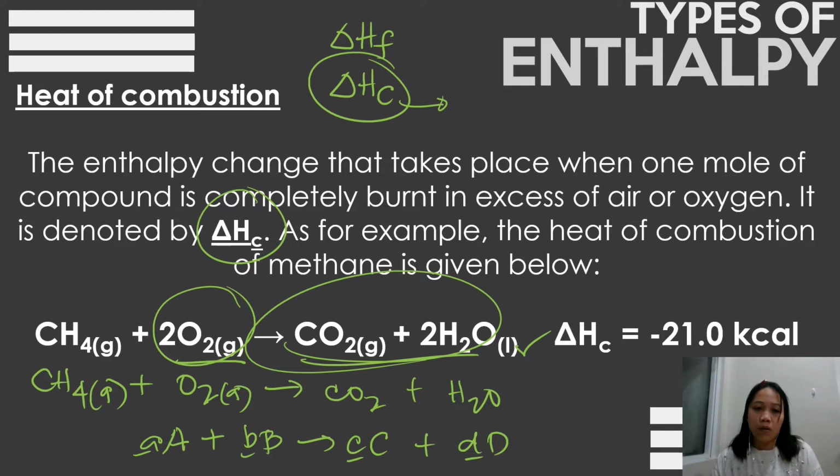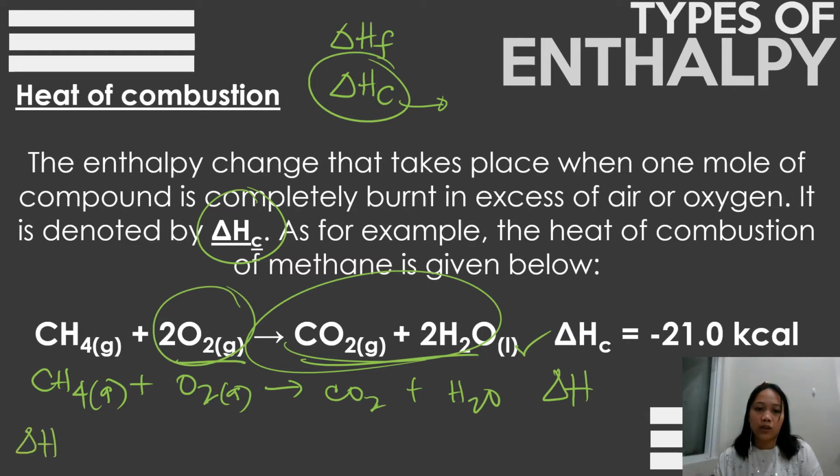So if you're going to solve for the delta H using the formula that we have, let me erase this one first. That would be delta HC, because it's combustion.